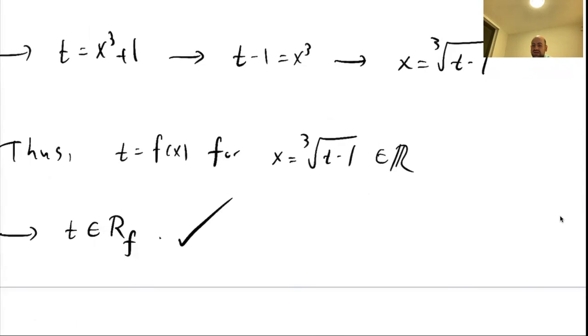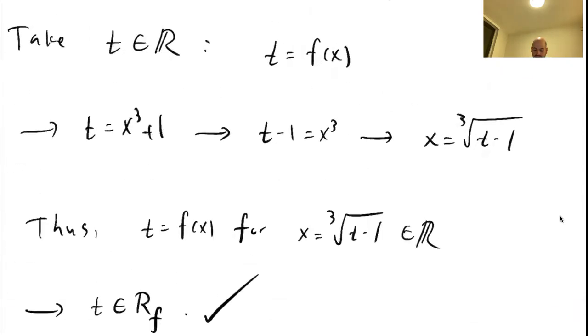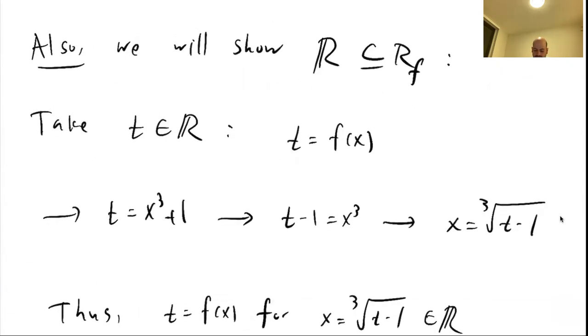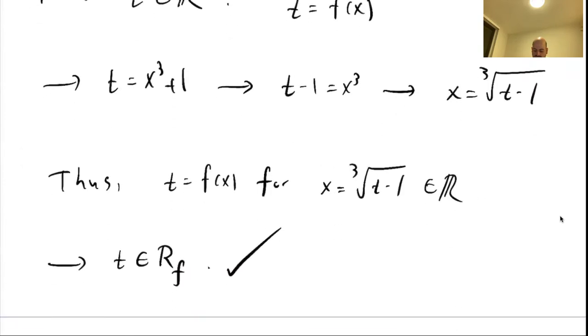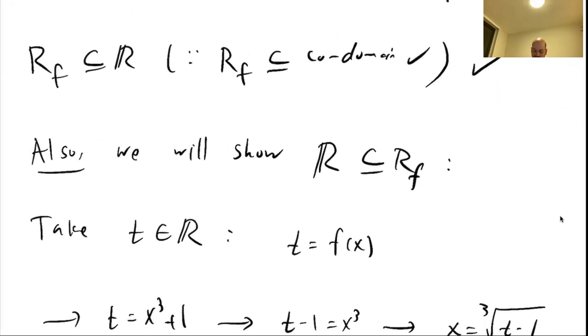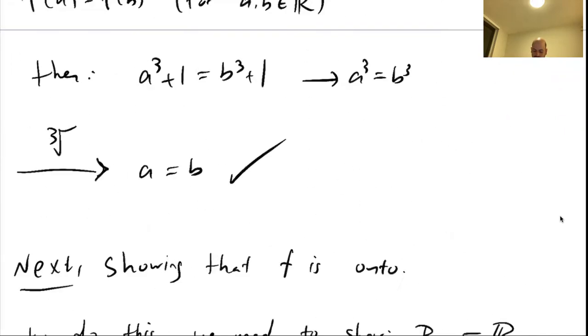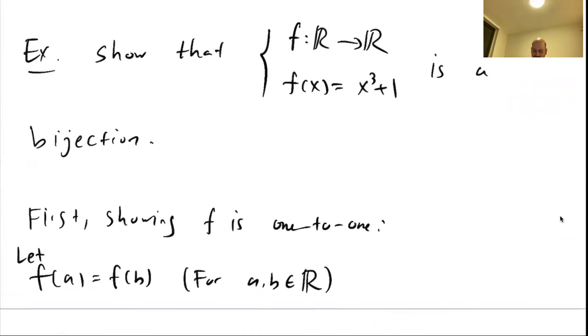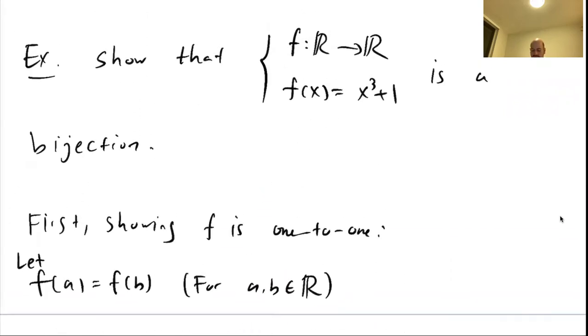That means t is an output. Therefore, t belongs to the range. So I took some t in the codomain, and I showed that it is in the range. So that means f is onto. So we showed that this f is one-to-one and onto. Therefore, it's a bijection.